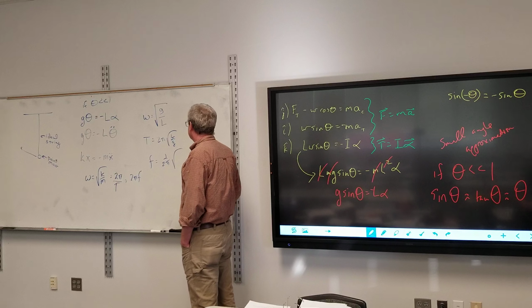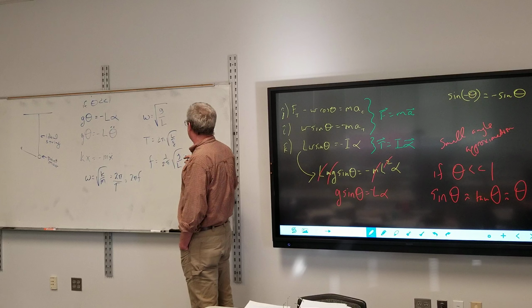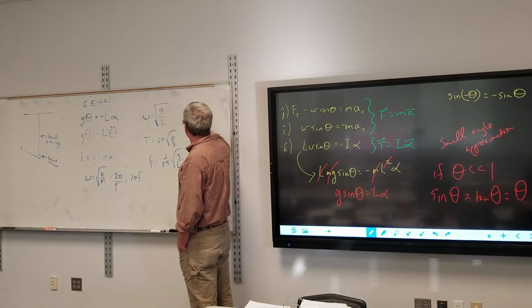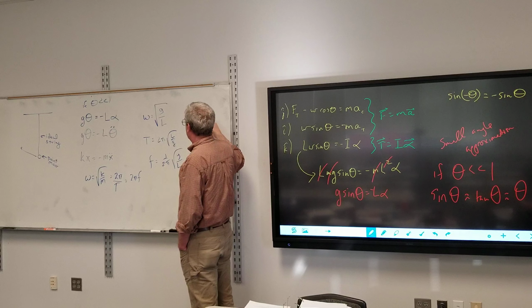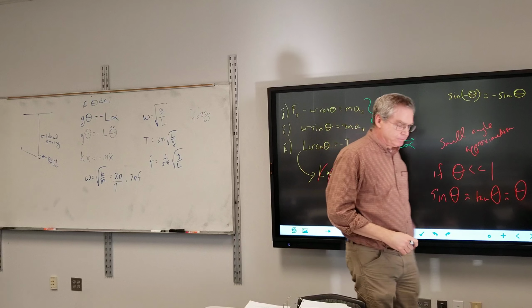Let's make sure I did not flip something wrong there. So period is equal to 2 pi over omega. Omega is the square root of g over L, so it'd be 2 pi times the square root of L over g. Okay, I'm good with that.